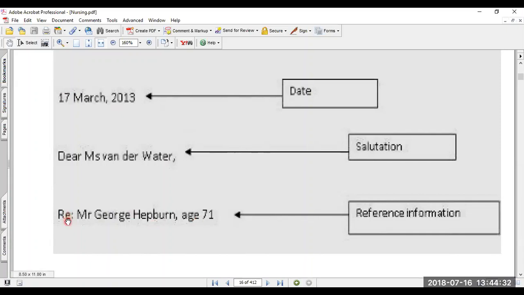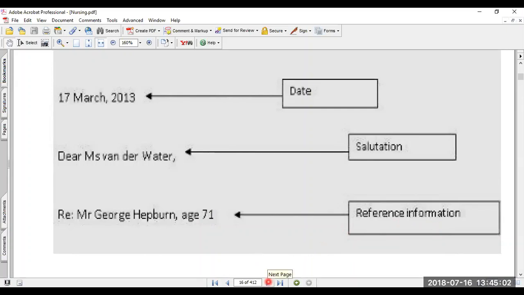So for reference, you need to have R capital, E small, full colon, and full name of the person, then comma. And here this is a typo. You need to have aged, AGED, aged 71, because we are using it as an adjective and we need the ed form. So this is how your initial setup should be.